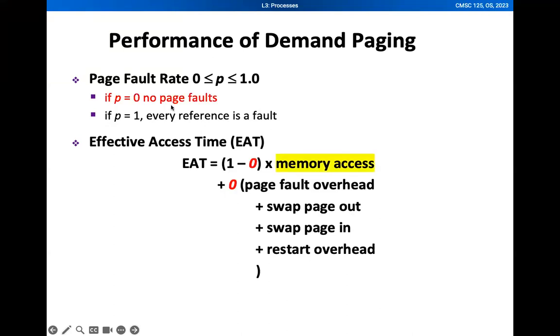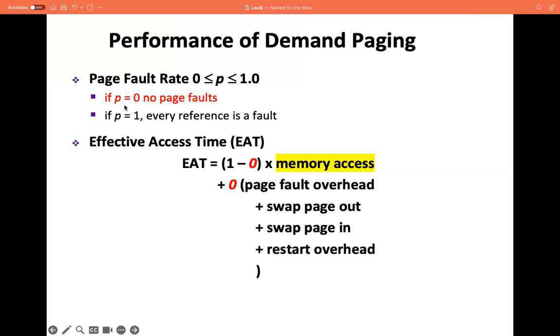Okay, so what happens if the page fault rate P is equal to 0? That means that there is no page fault. If we substitute that into the equation, that would be (1 minus 0) times the memory access plus 0 times the page fault overhead plus swap page out, swap page in, and restart overhead.